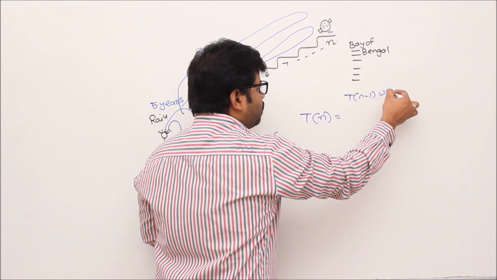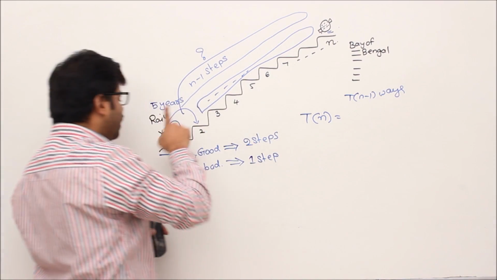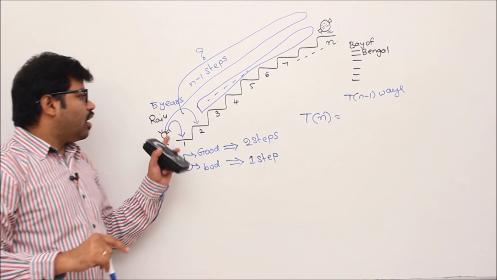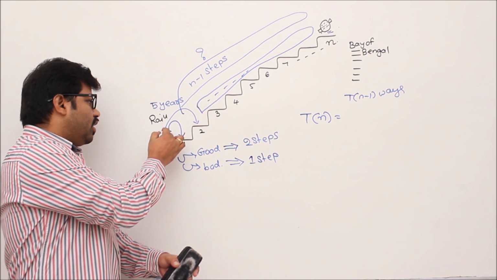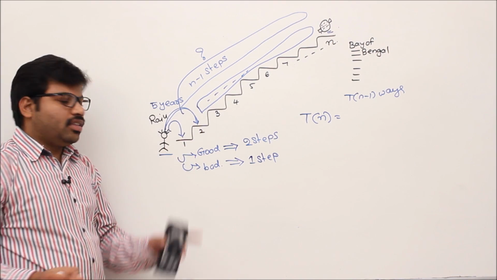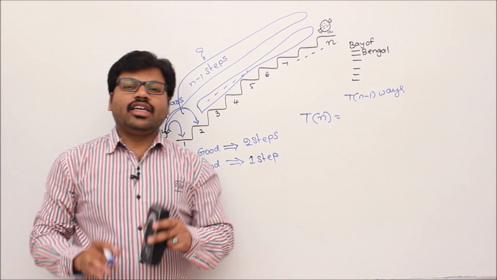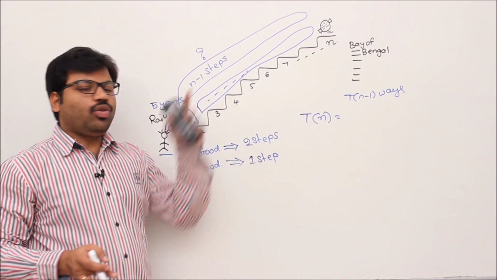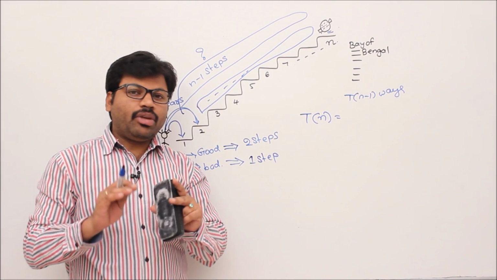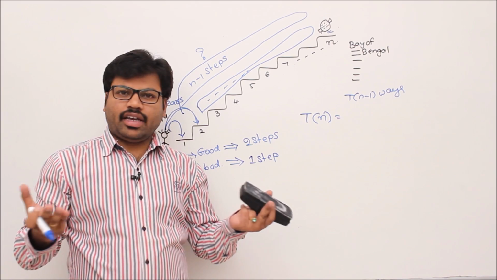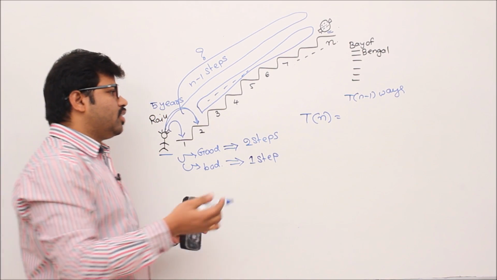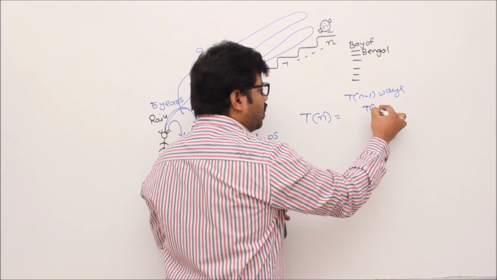That I remember. If in the first place Raju takes a jump, like if he is in good mood, then he will reach the second position. Then how many other positions does he have to move? N minus 2. Then how many different ways can Raju cross n minus 2 steps? Again it is an unknown thing, but it is T of n minus 2 ways, right?